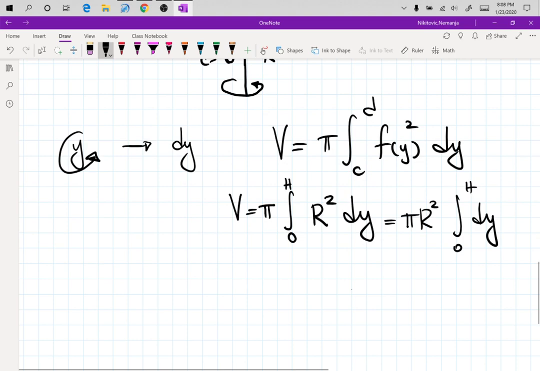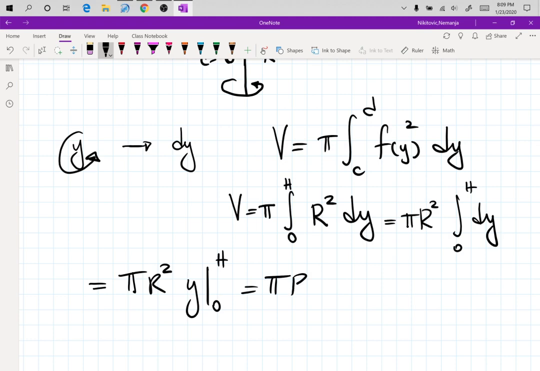What is the integral of dy? It's like 1 dy. What's the integral of 1? y. So y needs to be computed from 0 to h. This is pi r squared h minus 0, which is pi r squared h.